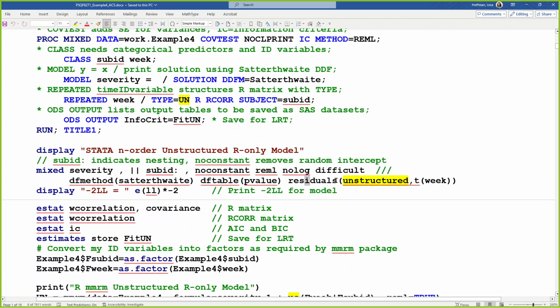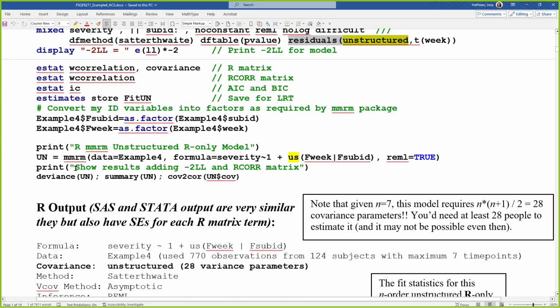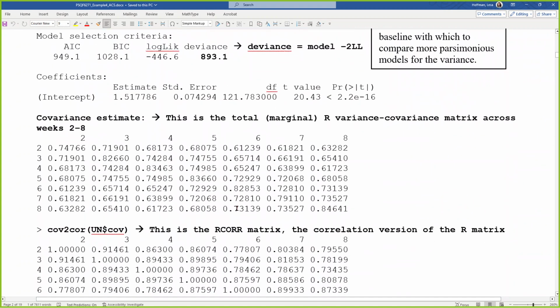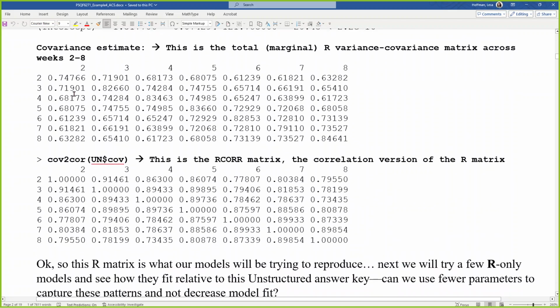That is residuals unstructured in Stata. And in the MMRM function, it is US instead of UN for reasons that I do not know. Just because, you know. The end result then is just an estimate of each possible variance per occasion and each possible covariance for pair of occasions.